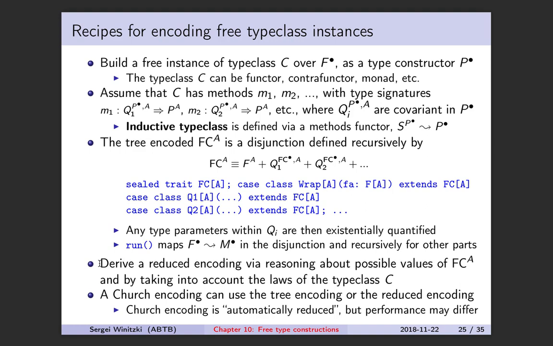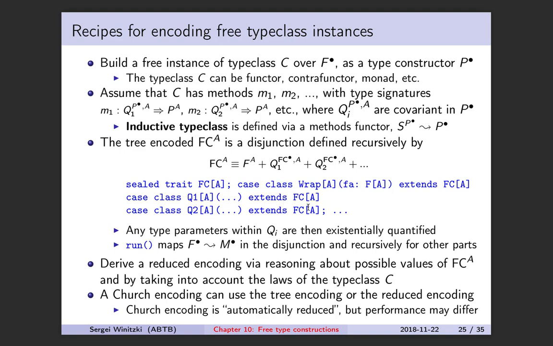In order to get a reduced encoding, however, you need to perform reasoning about what are the possible values of this free type class instance, and what are the laws of the type class, and how you can simplify the possible values. You start with the tree encoding, which is going to give you some nested case classes, and then you try to simplify them.